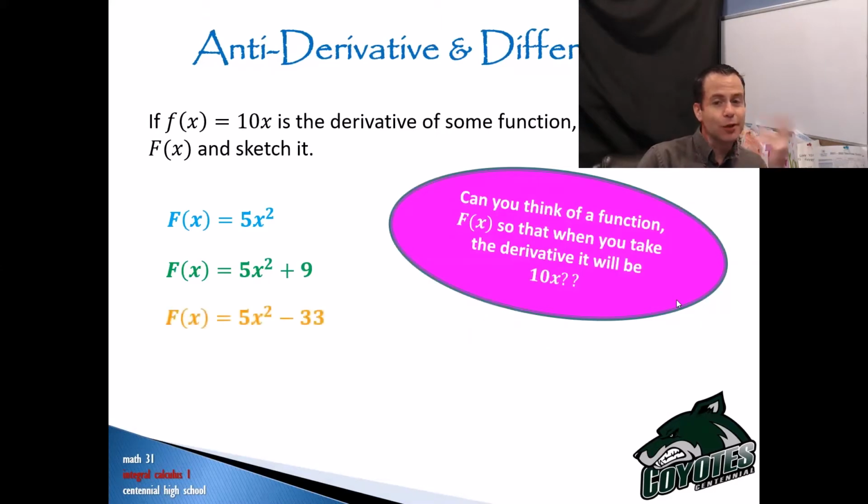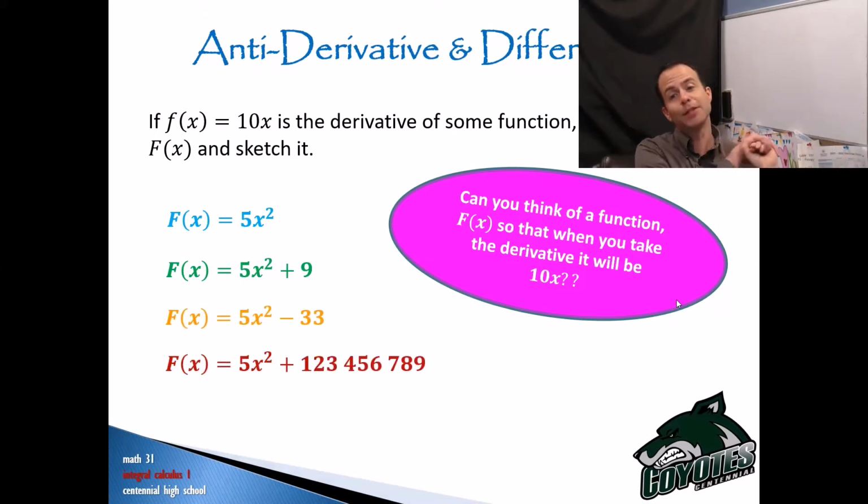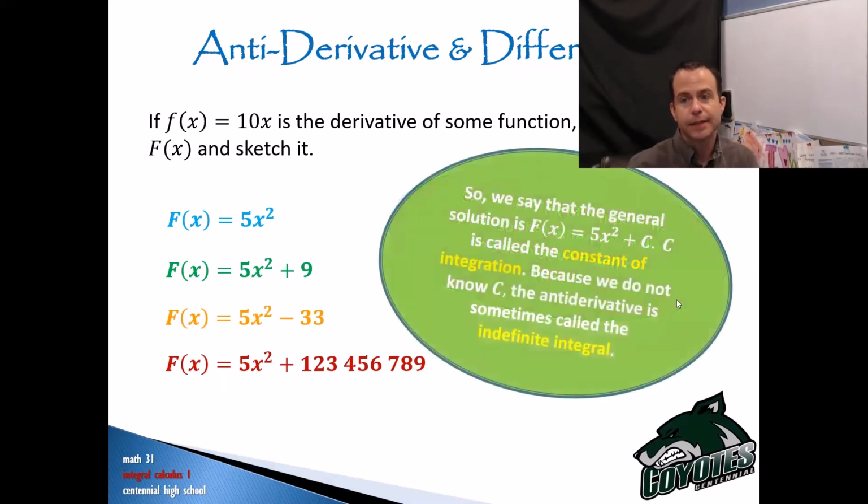Or it could have been 5x squared minus 33, or 5x squared plus 1,123,456,789. I could have any sort of constant number there. So what we often do is say it would be 5x squared plus c, where c is the constant of integration. We say the general solution is f of x equals 5x squared plus c.